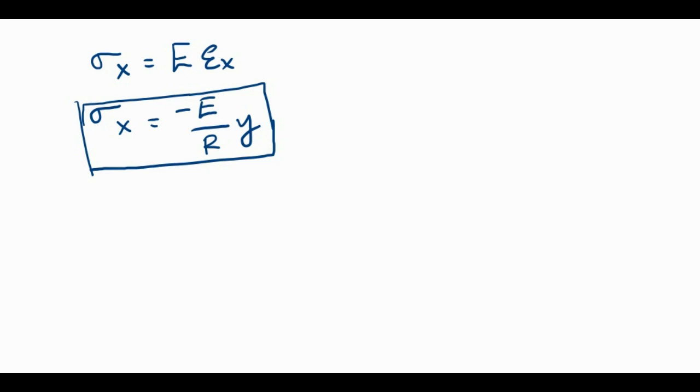Here we can see that E is a material constant, and R is the radius of curvature, and for a specific bending R does not change.